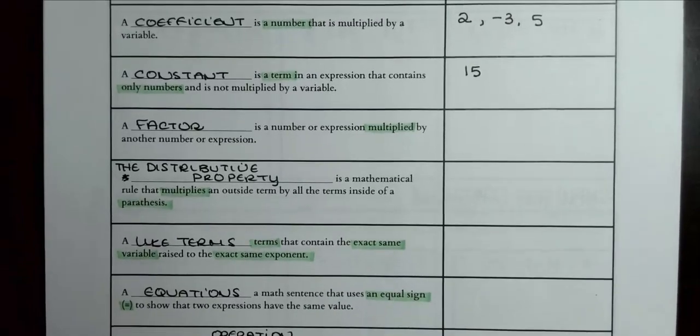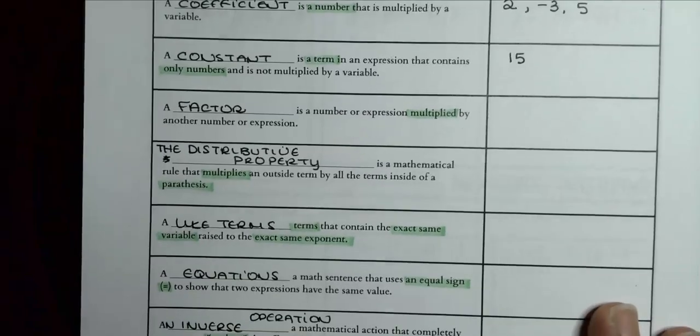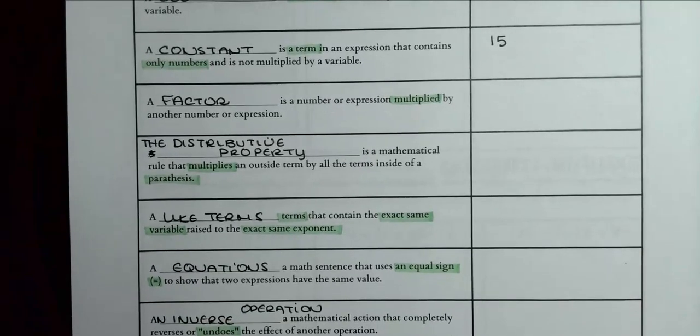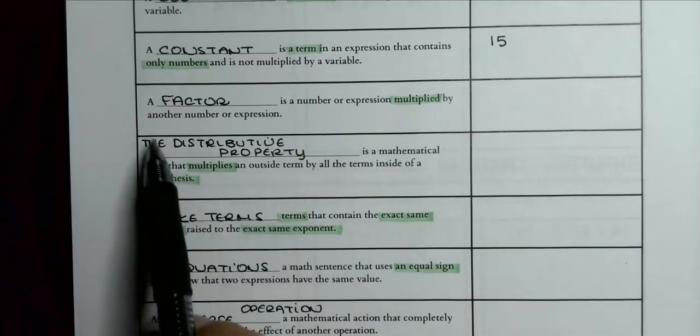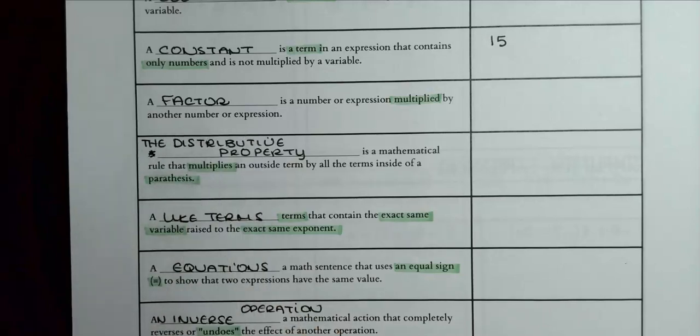And so right here, our next word is going to be factor. Factor is just another way of saying multiplication. So it is a number or an expression that is being multiplied by another number or expression.